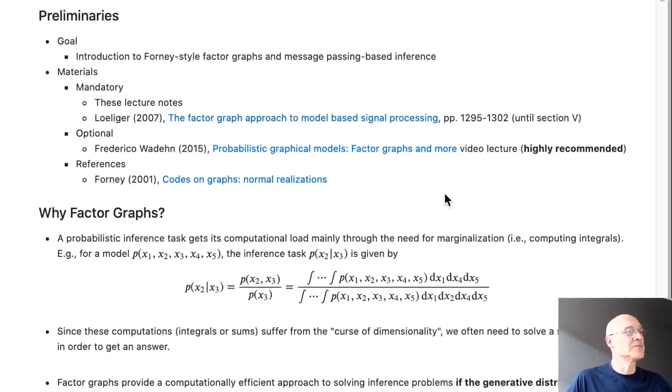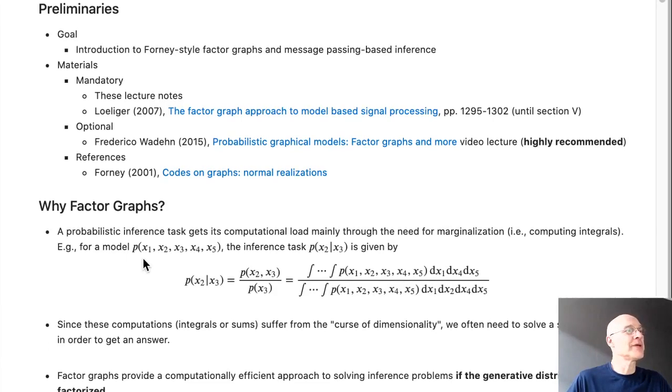So let's review what Bayesian inference is. Let's say I have a model P of 5 variables, x1 through x5, and I'm interested in this inference task, the probability for x2 given x3. As before, we can compute this with sum and product rules.